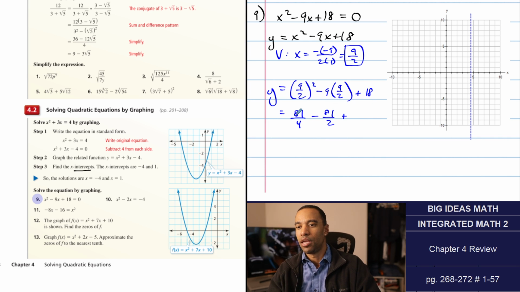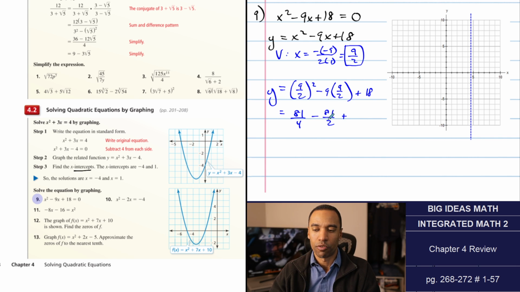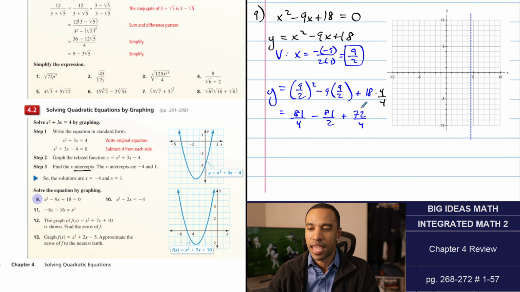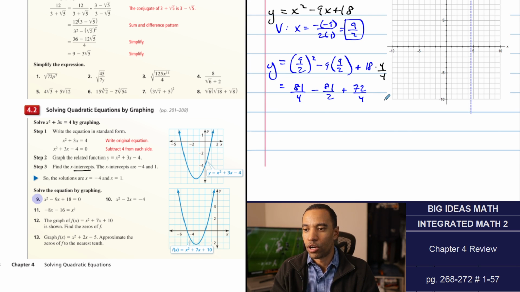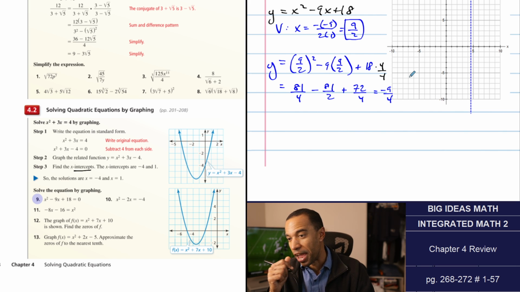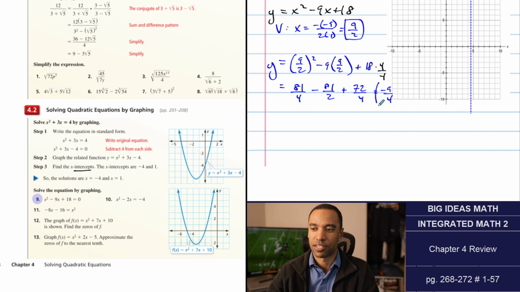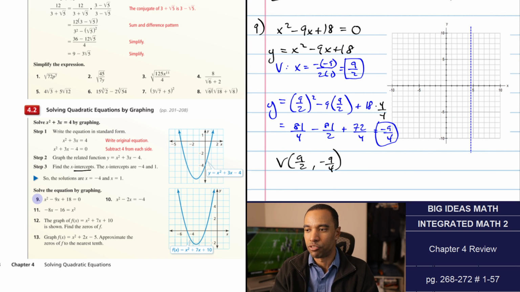Sorry, I'm doing this in my head. 81 over 4 minus 81 over 2 is negative 81 over 4. 18, I can multiply top and bottom by 4 over 4, and I get 72 over 4. Negative 81 over 4 plus 72 over 4 is negative 9/4. Yeah, negative 9/4. So your vertex is at 9/2 and negative 9/4. Now, negative 9/4 is negative 2 1/4, negative 2.25.